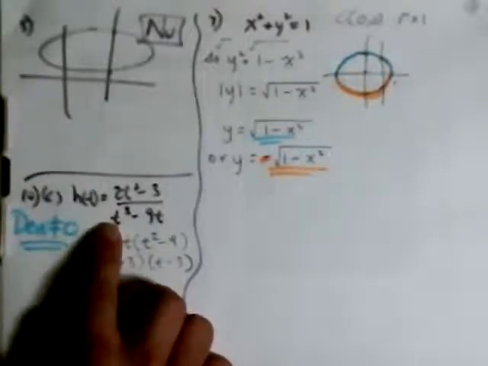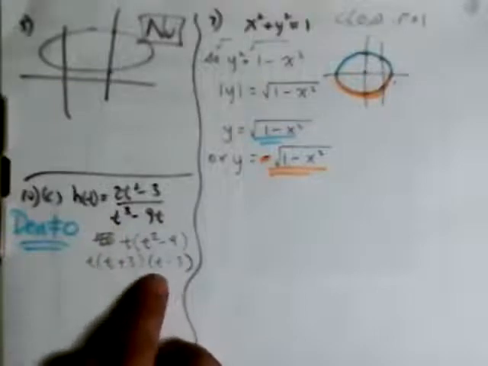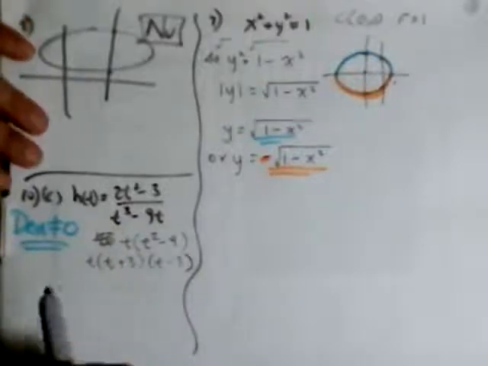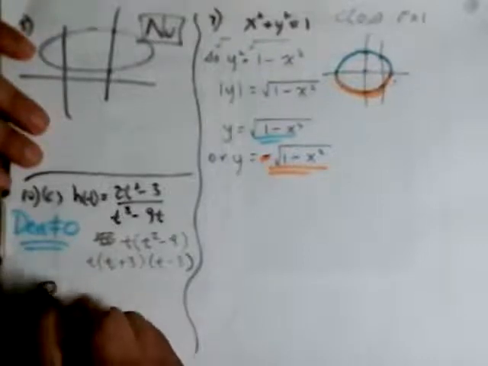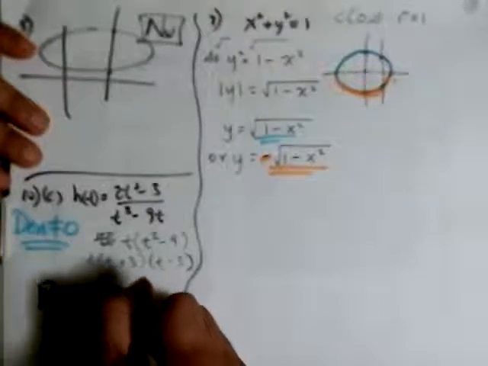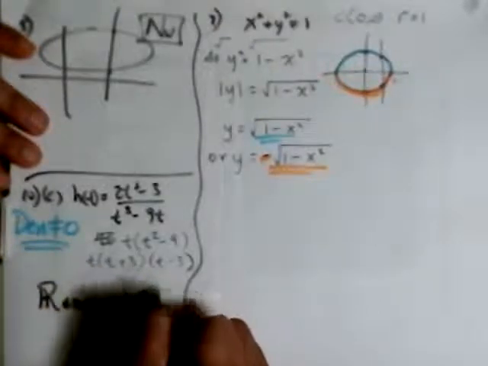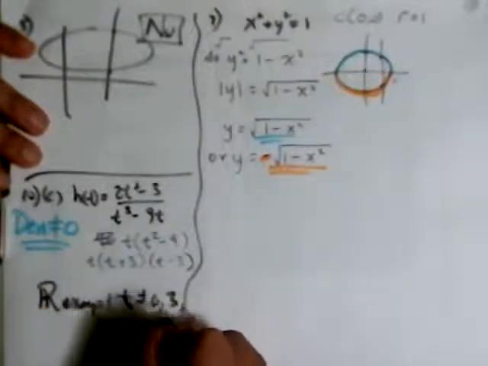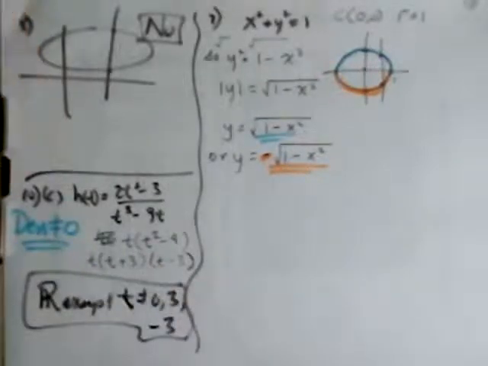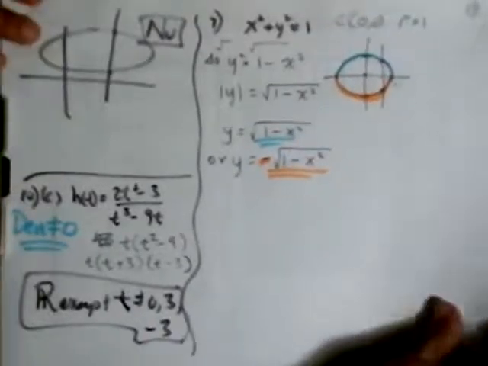So if it's t cubed minus 9t, it factors to t times t plus 3, t minus 3. So the domain is all real numbers except t cannot equal 0, 3, and negative 3. And that's your domain. Okay? Next question.